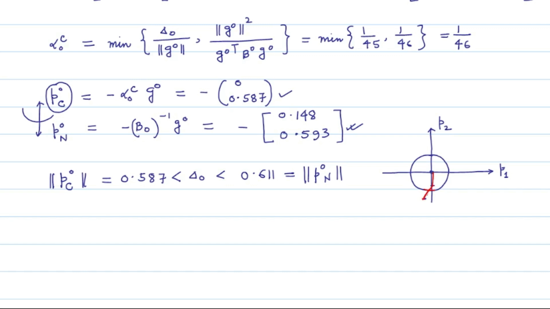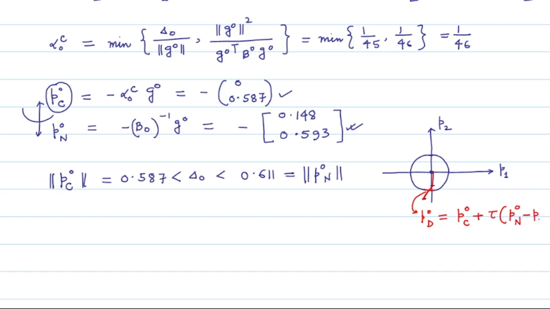Together, these two line segments are constructing the dogleg path. We notice that the dogleg step is then this point p_0^D, which can be presented as a convex combination of the Cauchy step and the full Newton step.